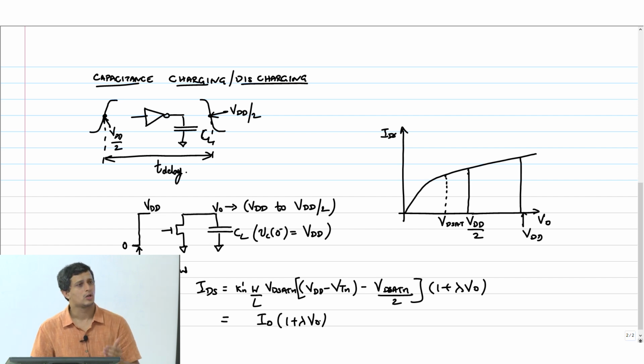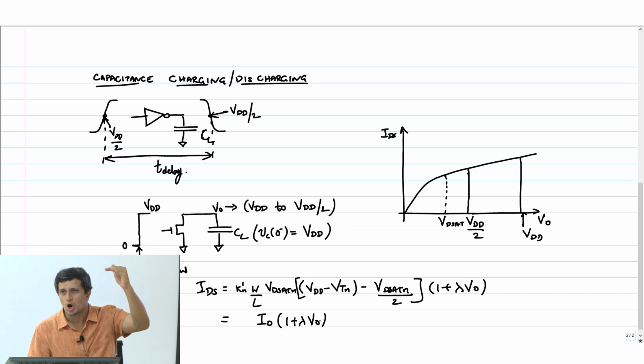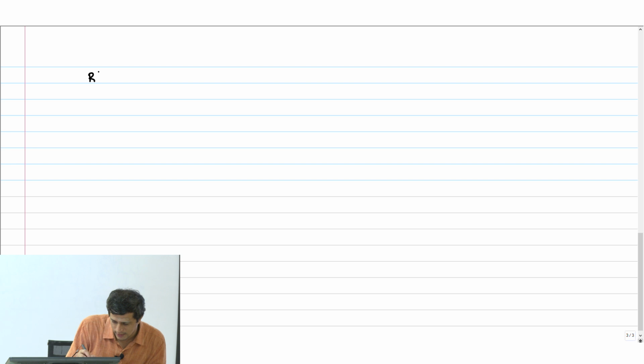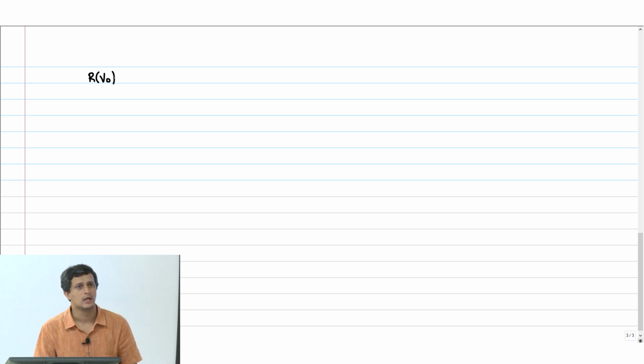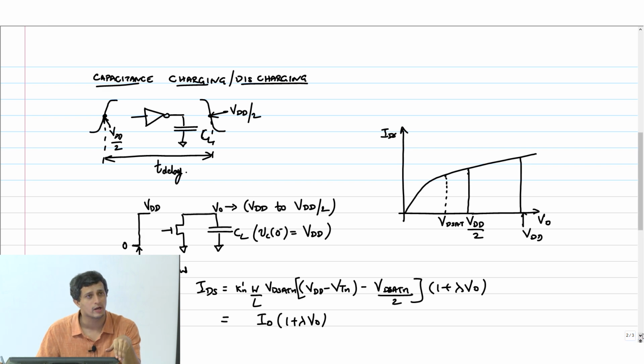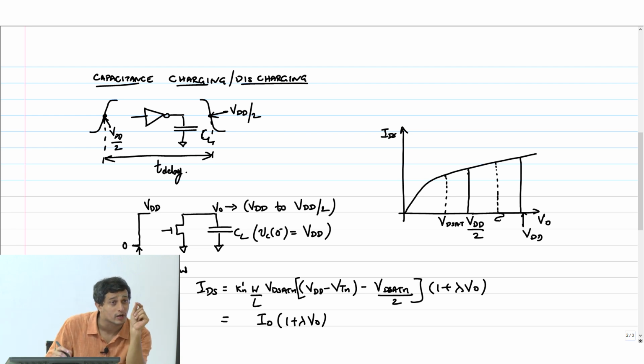Okay, so now just look at the picture. The V naught is coming down, the capacitor is discharging, right? V naught is just the voltage across the capacitor and the voltage is coming down. So if you look at the resistance, it now becomes a function of V naught. Okay, so last class somebody asked me, why don't you do a derivative out here? See, in analog it's okay to do a derivative because you fix your bias somewhere here and then you will do some sort of a small signal analysis over that bias point.